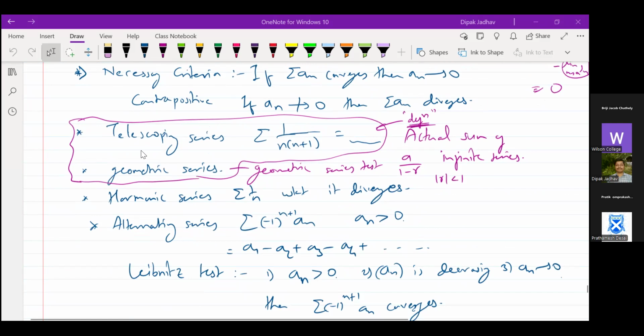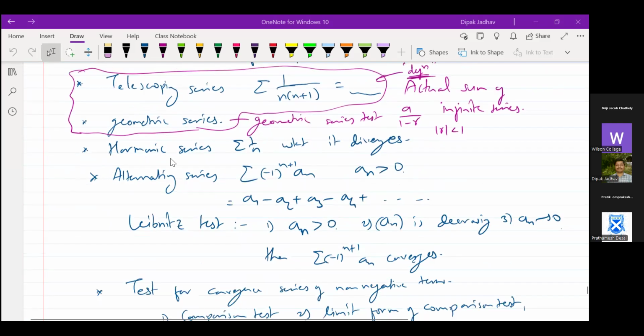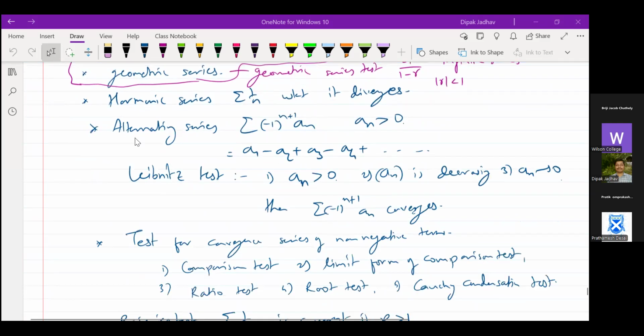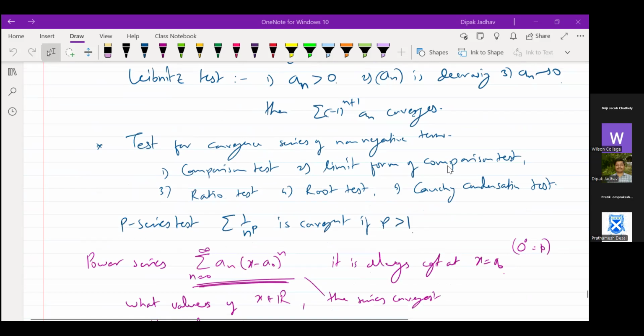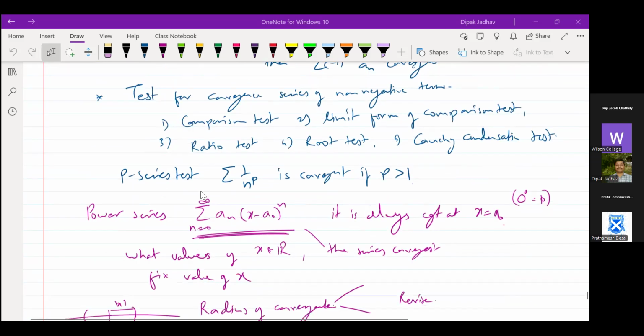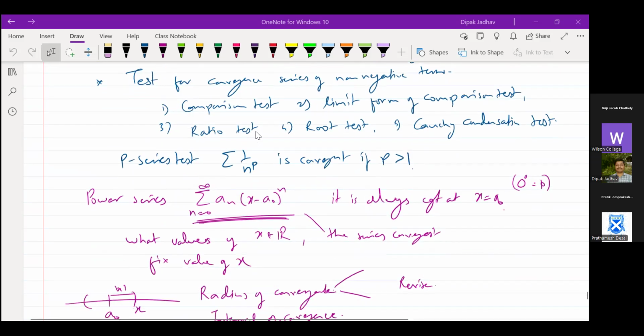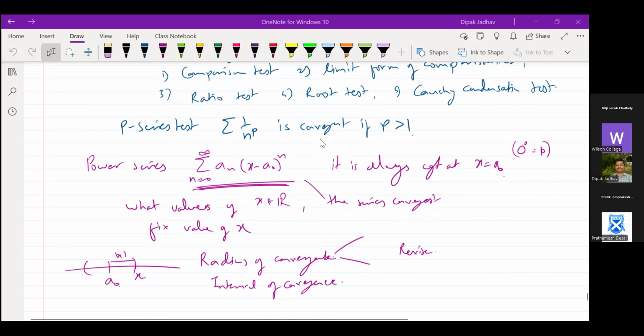We know about divergence of harmonic series. For alternating series, we have Leibniz test. Then for series of non-negative terms, we have comparison test, limit form of comparison test, ratio test, root test, Cauchy condensation test.